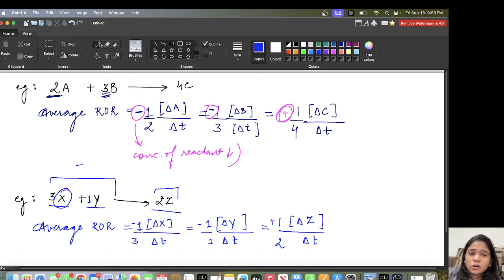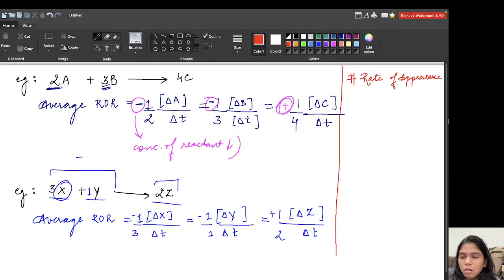Next thing is the rate of appearance. Rate of reaction, how do we write it? You have got it, right? Next is the rate of appearance, also called ROA. What is rate of appearance? What thing is appearing? Only the product is appearing, because reactants are decreasing, they are disappearing.